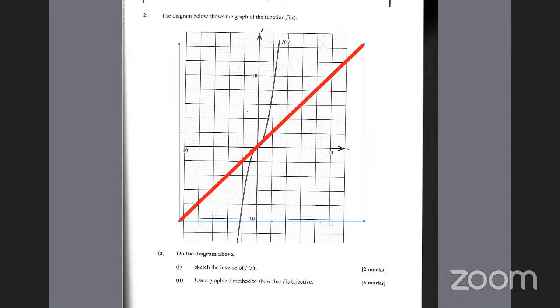One of the points is 2, 8, so instead of 2, 8 you're going to plot 8, 2, somewhere here. Our next point would have been 0, 0. Our next point would have been 1, 4. 1, 4 becomes 4, 1. And you just smoothen it out.